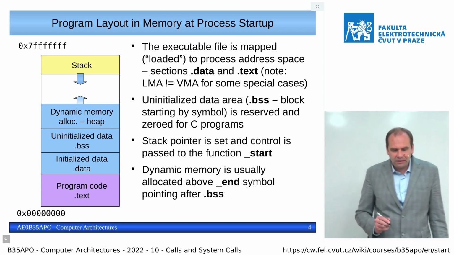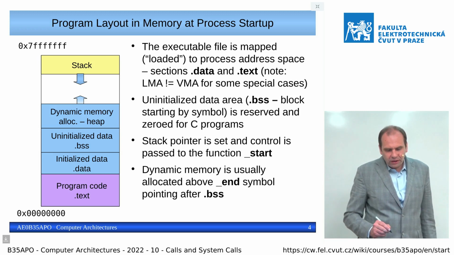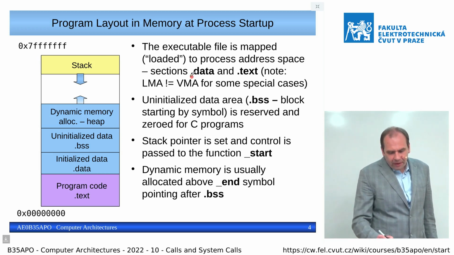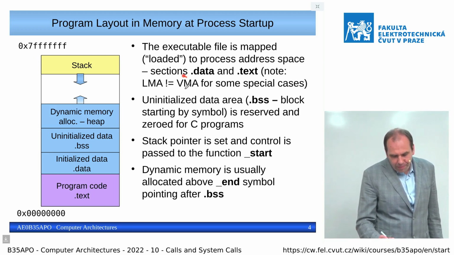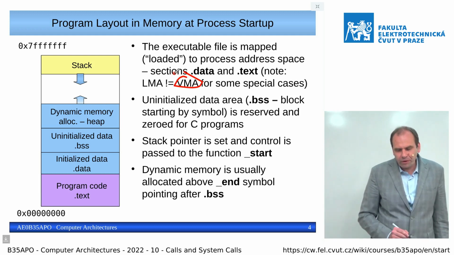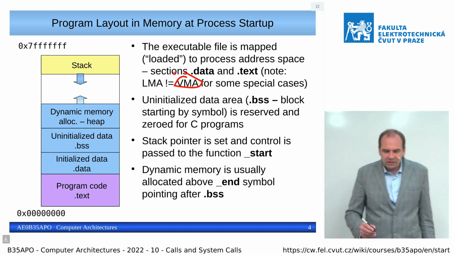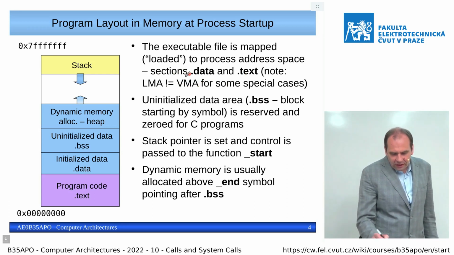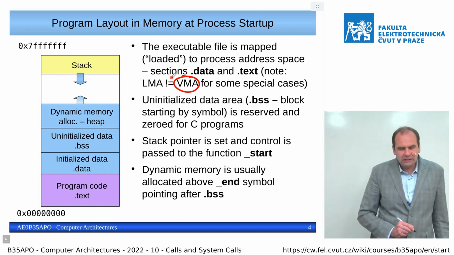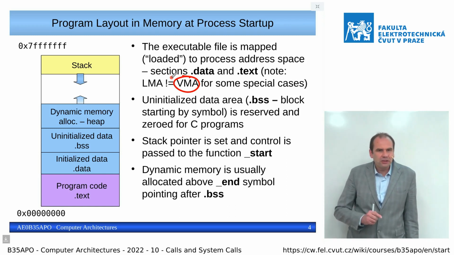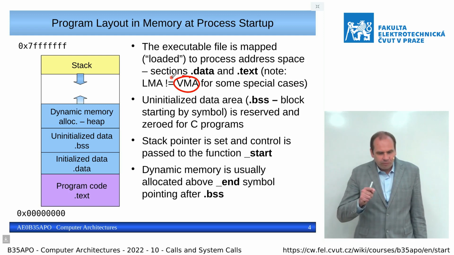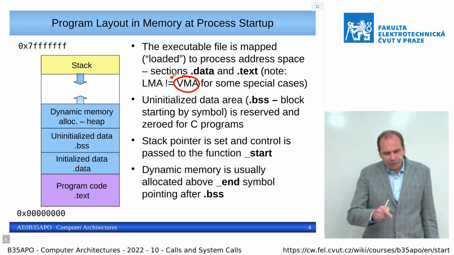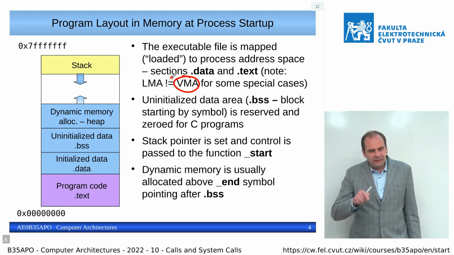And if we do analysis of some executable format of the programs, then you can find that those sections have two addresses. One is called the virtual memory address, VMA, and it is the address where a running program sees a given section.